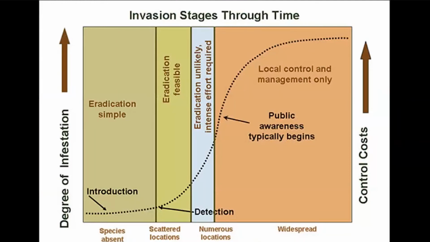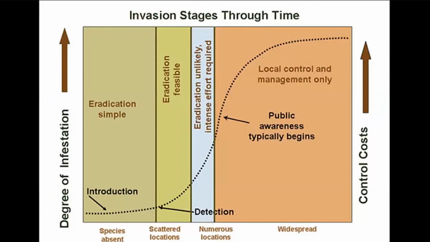And so in the case of the plants, when it's large enough to start producing seed, and if those seed are fertile, then there's the potential to produce many more plants. And so as we look at this graphic, the vertical axis on the left is the degree of infestation, how much area is covered by this plant, how much of the landscape can be found on. On the right-hand side are control costs, and so what is it going to cost to actually effectively manage this particular pest? And then on the bottom is time progressing to the right.